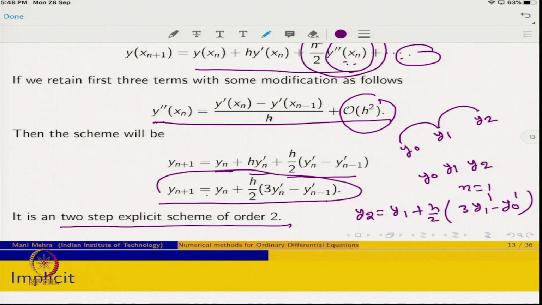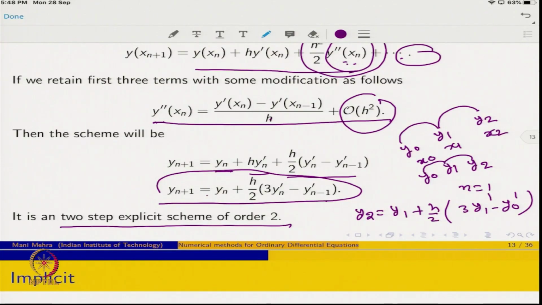So, basically to compute the value at the following grid point, x0 corresponds to y0, x1 to y1, x2 to y2. To compute y2 I need this and this. That is why it is called a two step method, while the forward Euler method was a one step method. I need previous values only one step previous. In this case I need two step previous values, okay. So, that is why it is a two step explicit scheme of order 2.